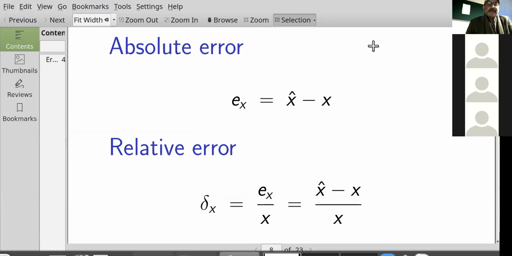We would often be interested in knowing how, if we feed a number into a function and that number has a certain error on it, that plays into the error of the function result. So we look at the absolute error on x, the relative error on x, and then the absolute and relative errors on the result of the function that we feed this x into.